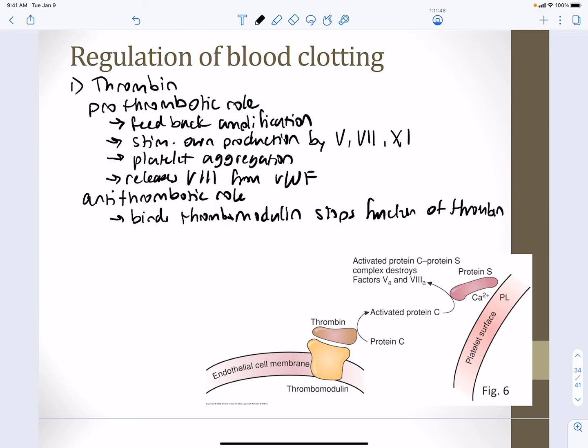And protein C and cofactor protein S form an activated protein C, APC, which destroys factors 5A and 8A.